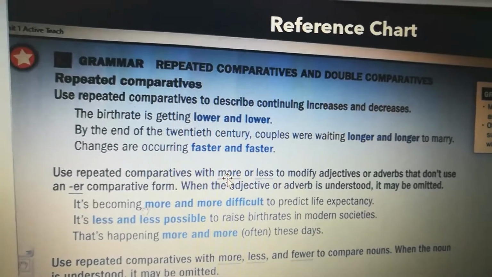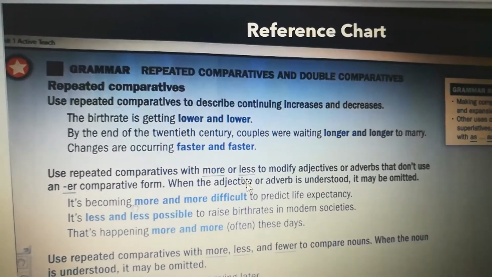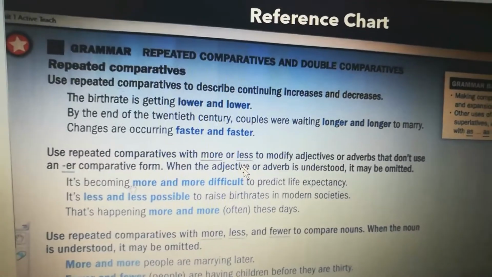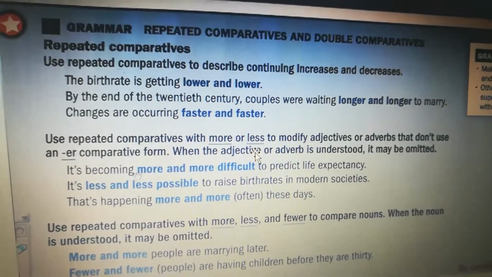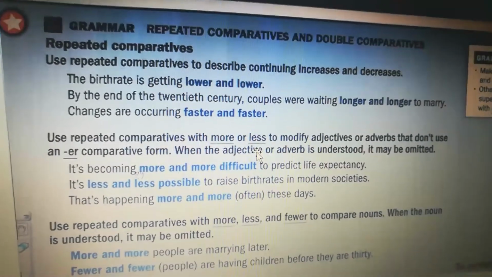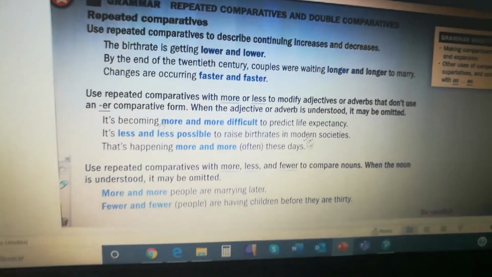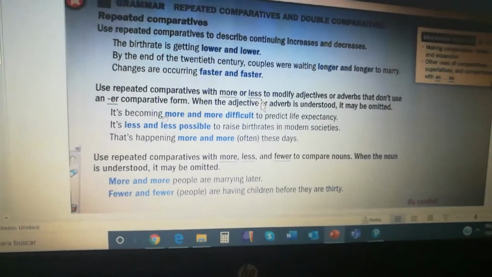For example, use repeated comparative to describe continued increases and decreases. And you have the example: the birth rate is getting lower and lower. So this is the double comparative. And you have some more examples. Okay? This is the reference chart.